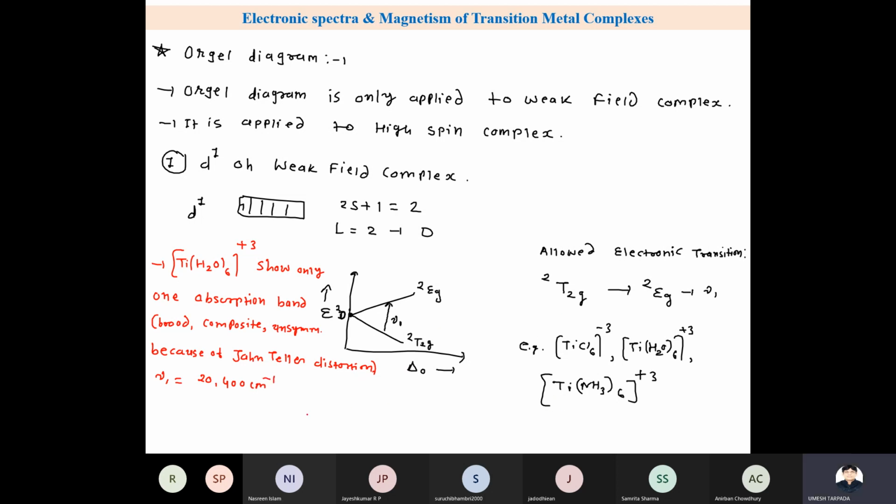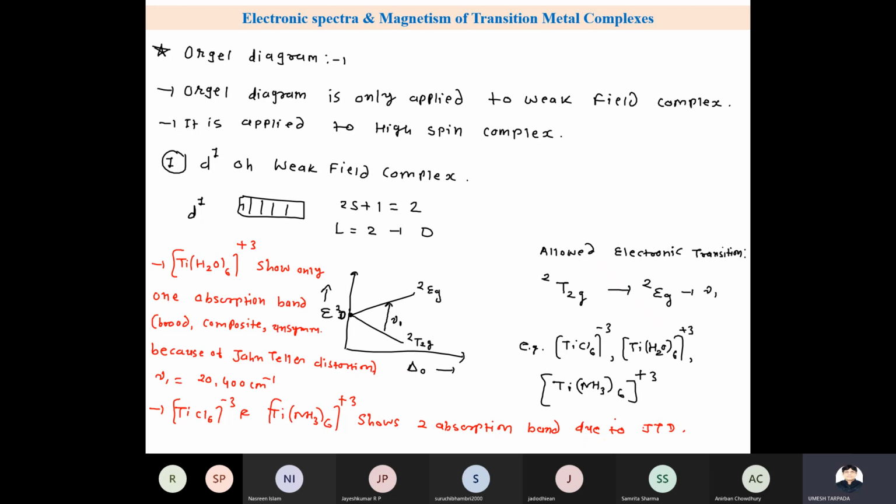But the remaining two, that is TiCl6 3- and another one, Ti(NH3)6 3+, show two absorption bands due to Jahn-Teller distortion.